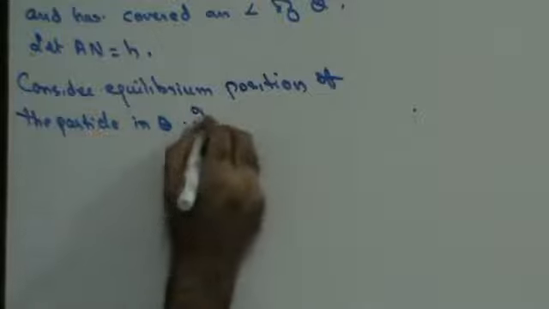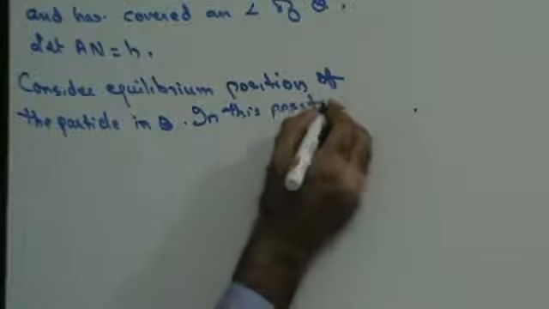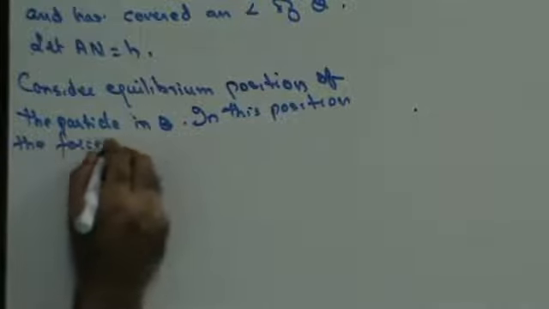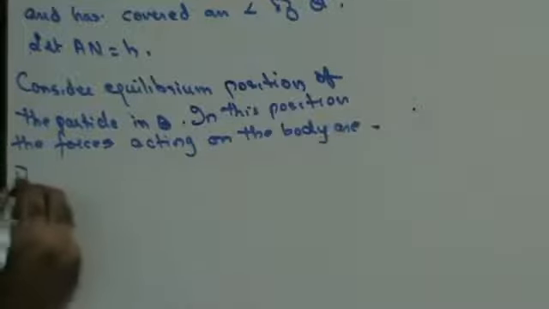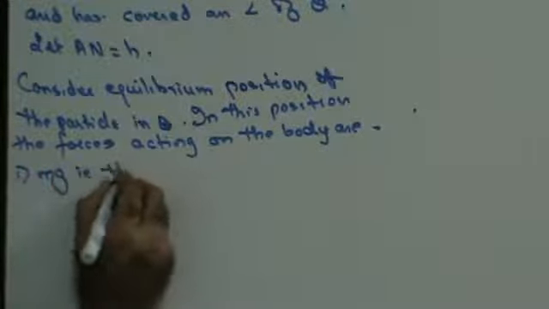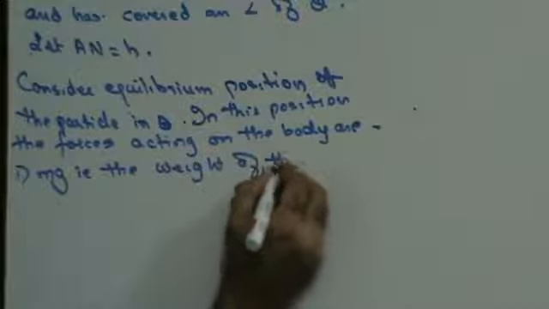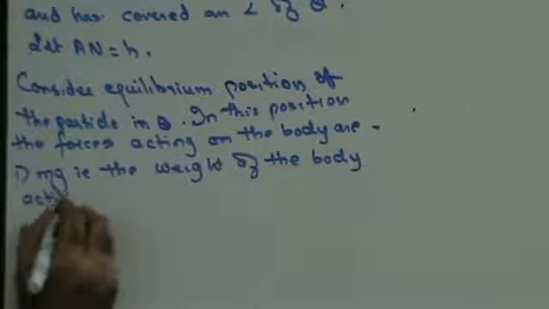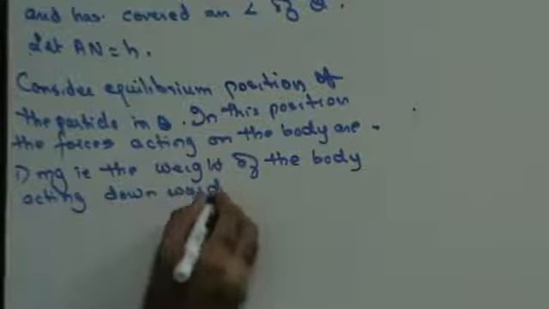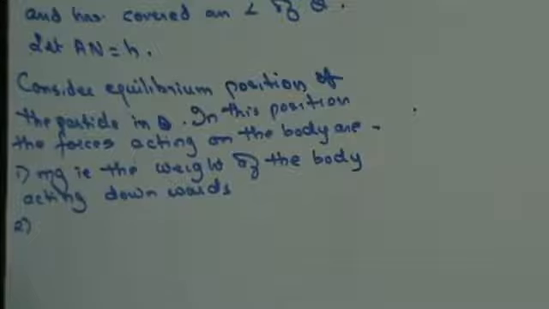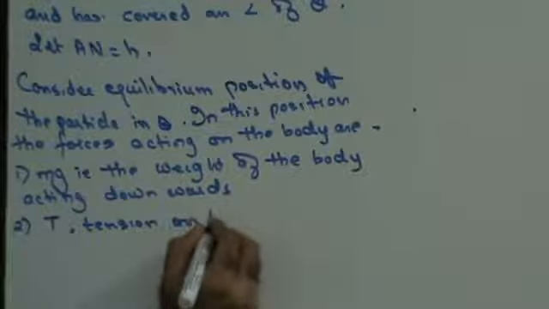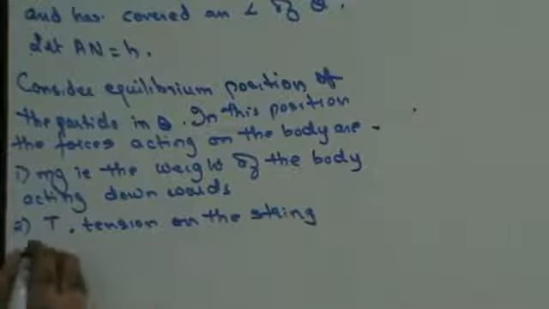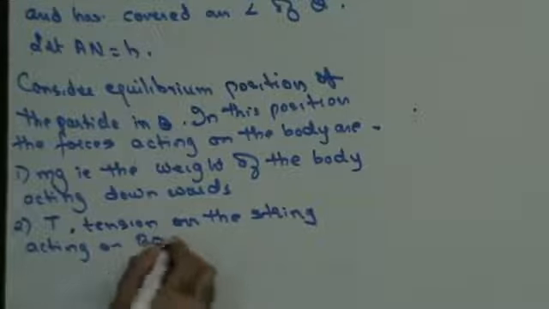In this position, the forces acting on the body are, first, mg, that is the weight of the particle acting downwards, and 2, T, the tension on the string acting on BO, in the direction of BO, right?